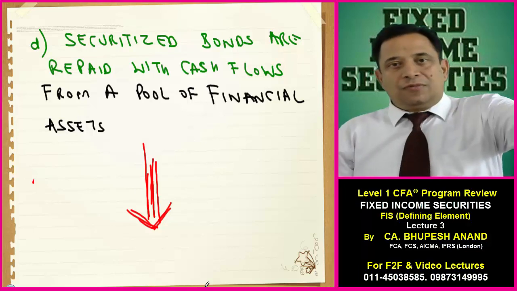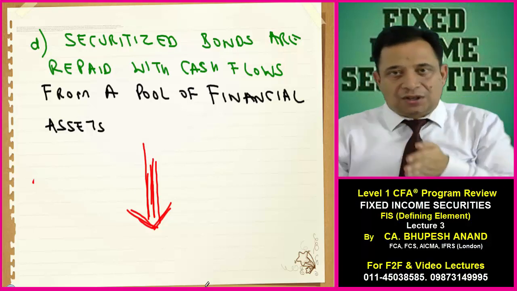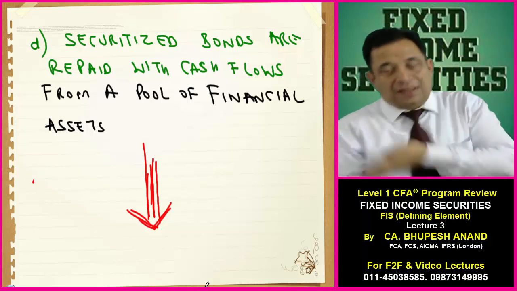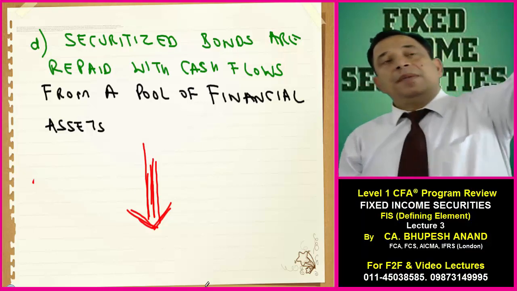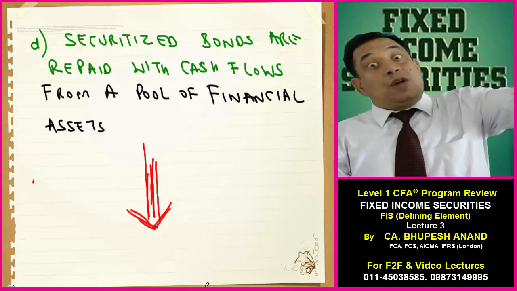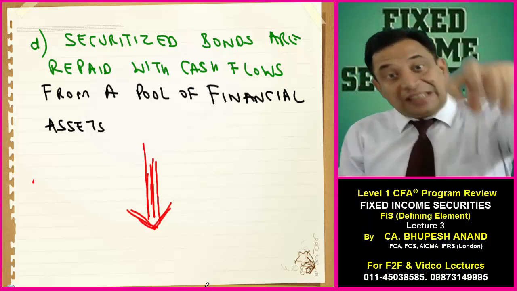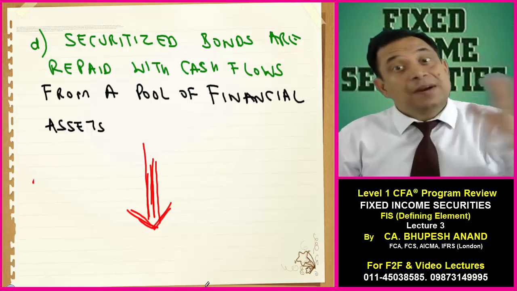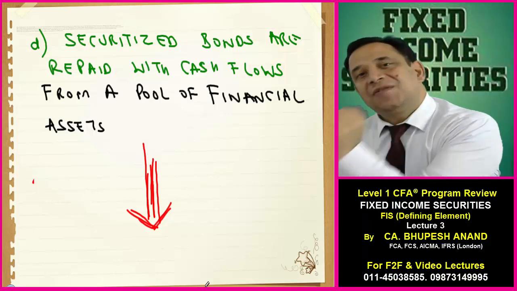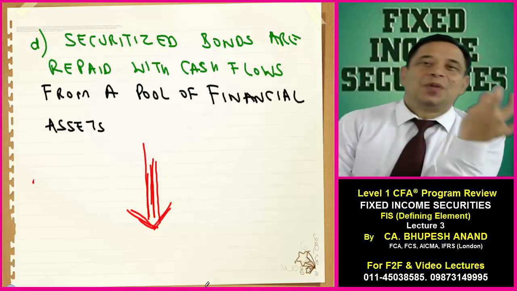Borrower has borrowed the funds from agency. Agency has transferred the loan to the SPE. SPE has sold those assets to the investors. Now the point is, borrower will be repaying the interest part. Borrower will be repaying the principal part, and sometimes borrower will be prepaying. So that interest, that principal and that prepayment will be transferred to SPE, and from that those bonds will be repaid.